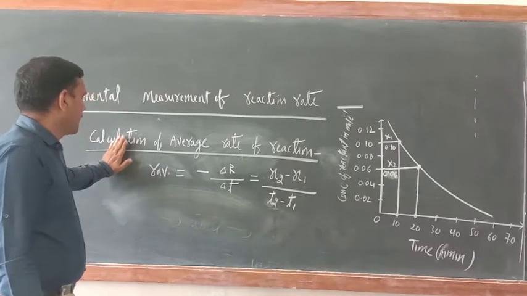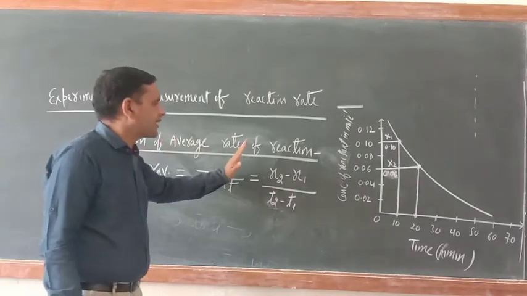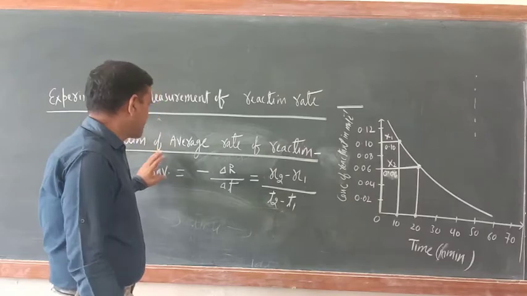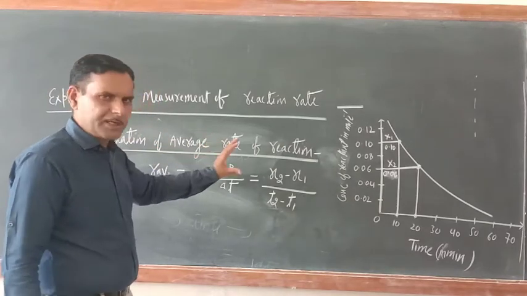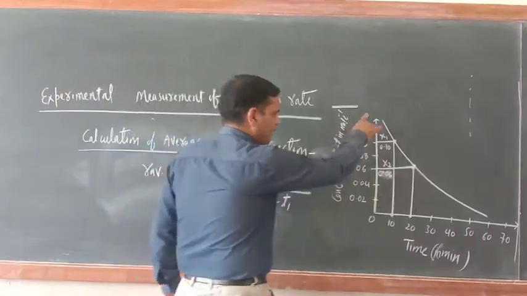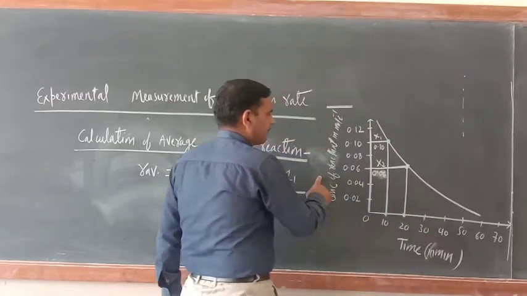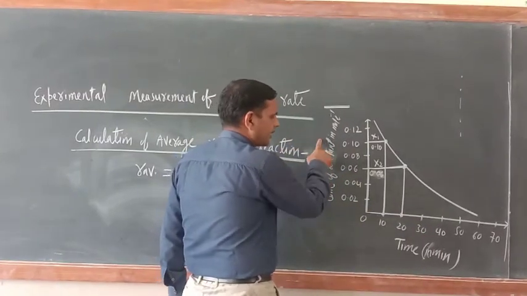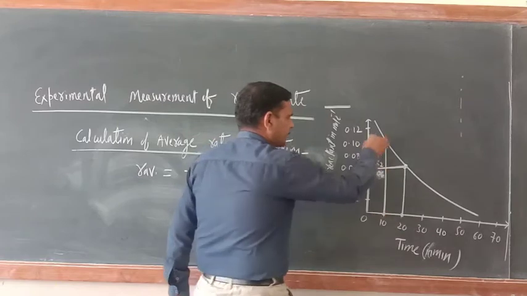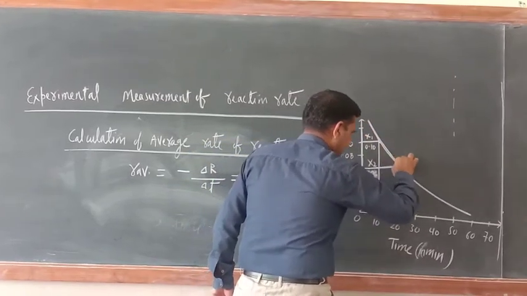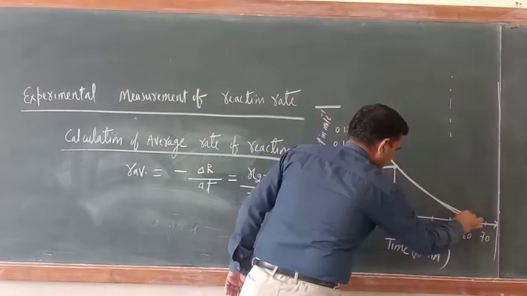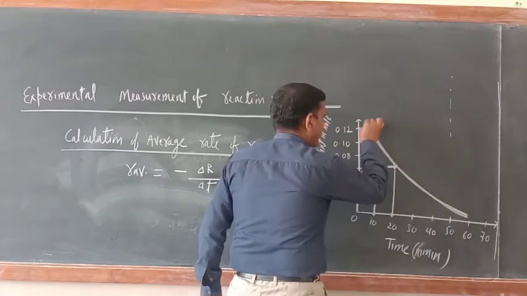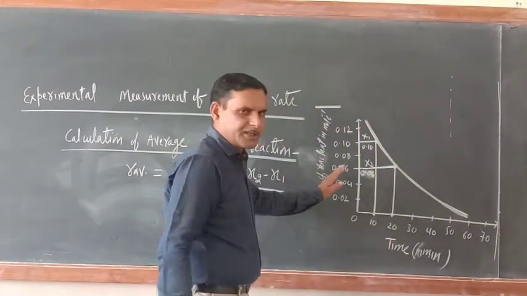Now, calculation of average rate of reaction. In the calculation of average rate of reaction, first you have to plot a graph between concentration of reactant and time. This graph is like that, meaning with the passage of time, the concentration of reactant is decreasing.